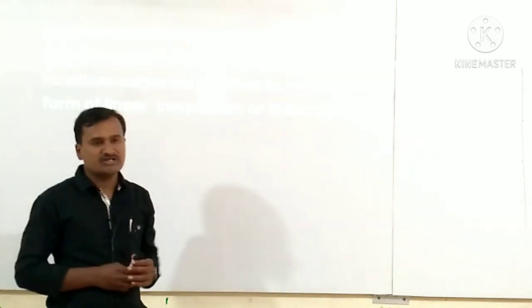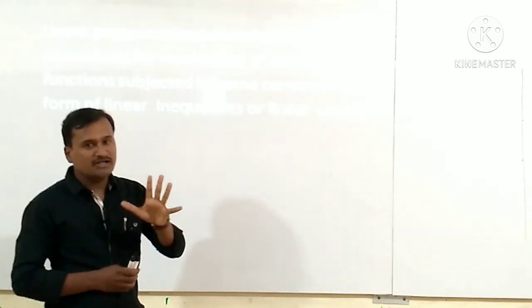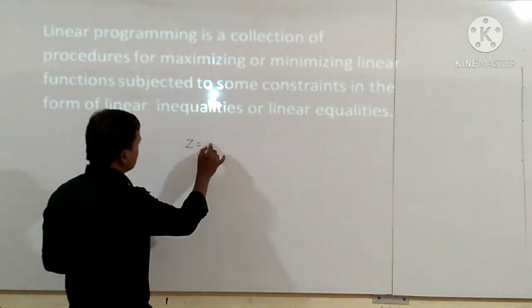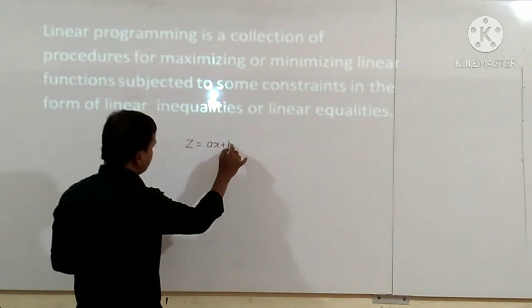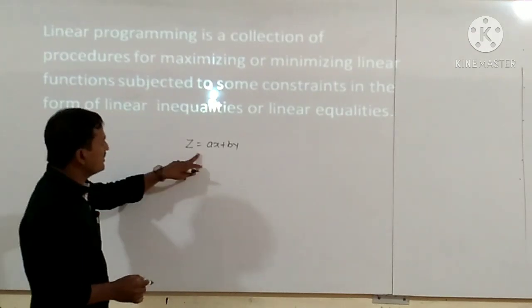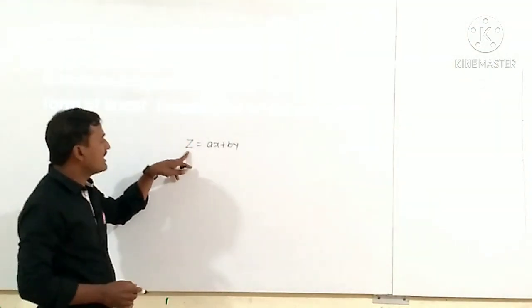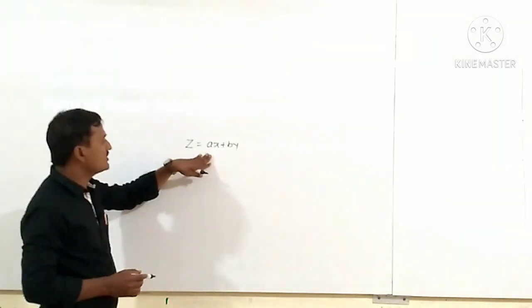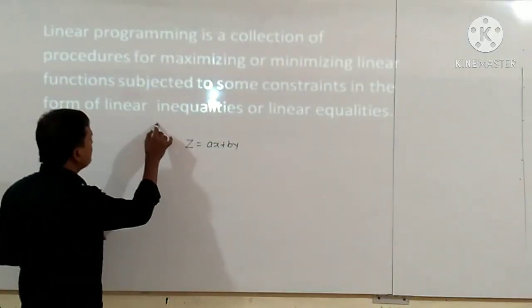That objective function is also called a linear function, in the form z equals ax plus by, right? In this problem we will maximize or minimize this function. This function is called the objective function.